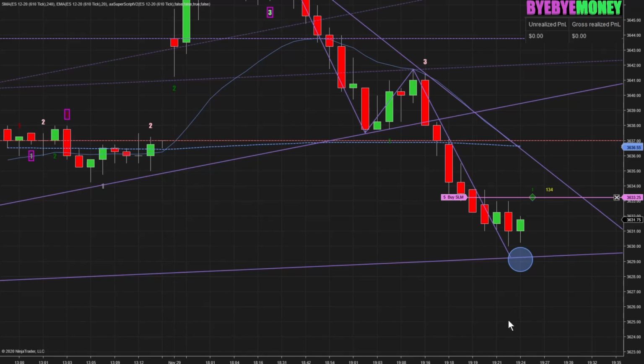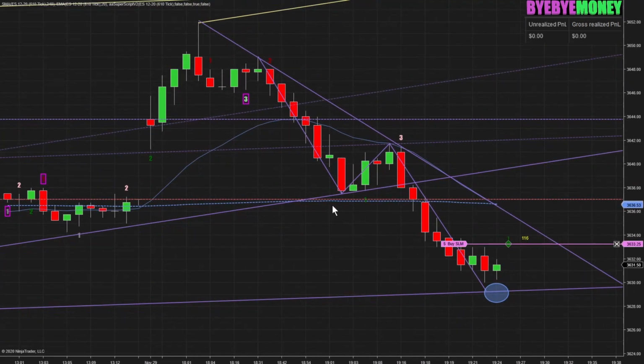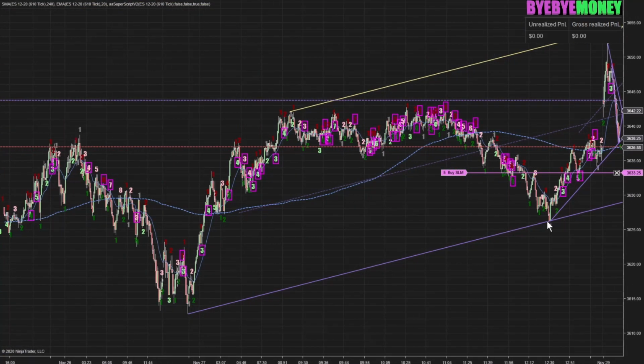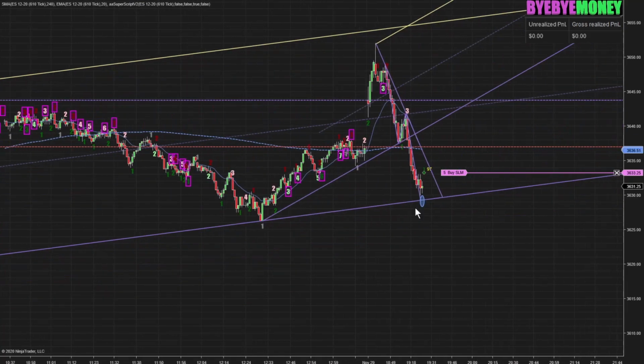Look at the scalpel point here. A, B, C. Hitting the bottom. One, this pivot, approaching the key area.